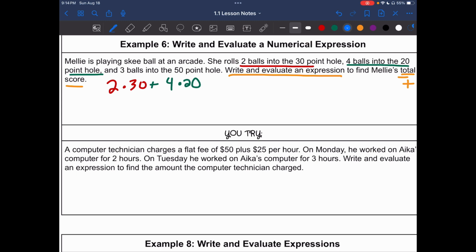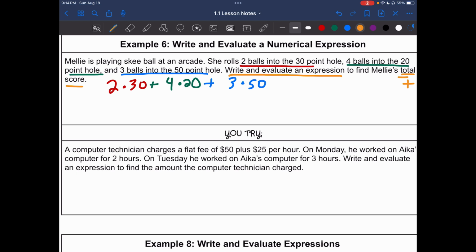And then we were told that 3 of them landed in the 50-point hole. So then we have plus 3 times 50.